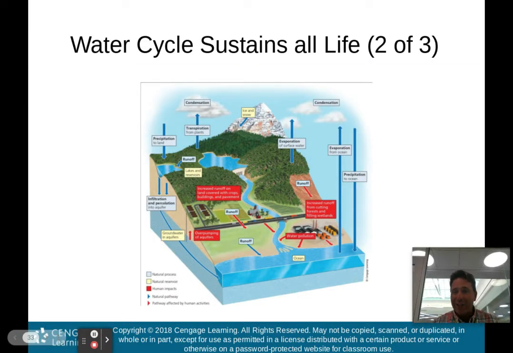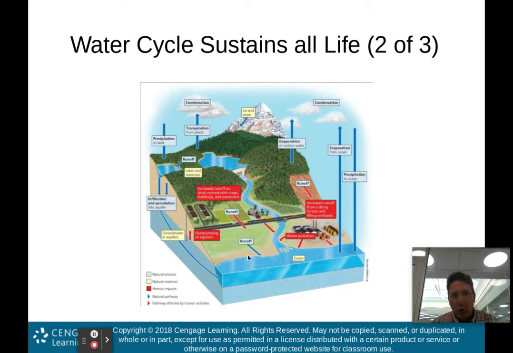So here is a picture showing the water cycle. I would definitely understand what's going on in this picture. You have evaporation from the ocean, condensation, and transpiration, which is water being released from the leaves of plants. Then precipitation.